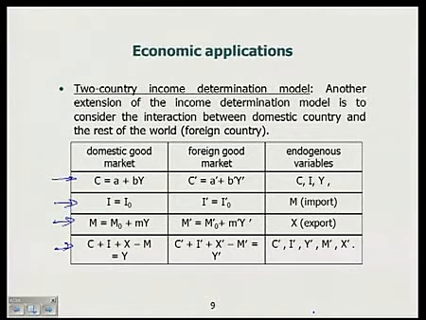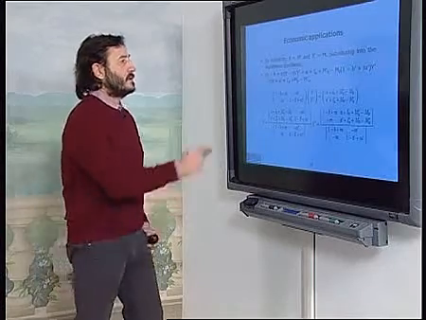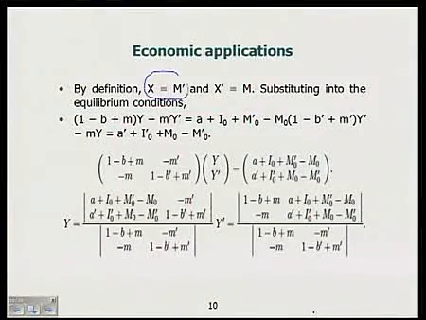In the equilibrium model here, capital I equals capital I0, then we have capital I prime equals capital I prime 0, and then for the others, M is the import and X is the export. The endogenous variables are C, I, Y, M, X, capital C prime, capital I prime, capital Y prime, capital M prime, and capital X prime. Then by definition, these are the conditions for the equilibrium.